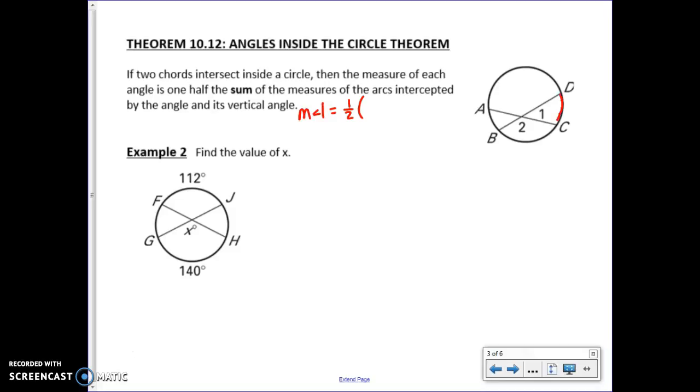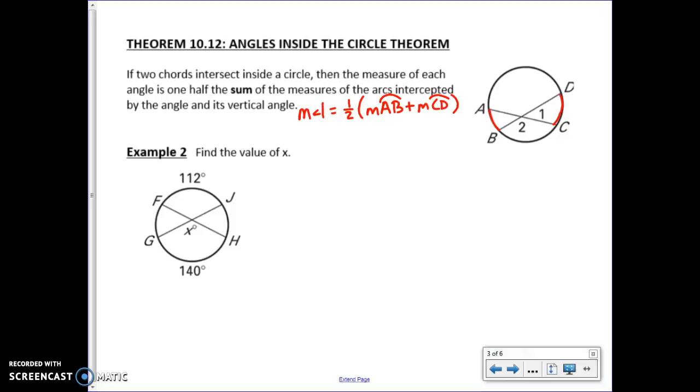So it opens up to CD, and then its vertical angle opens up to AB. So it's half the measure of AB plus the measure of CD. So kind of like taking the average of those two arcs.